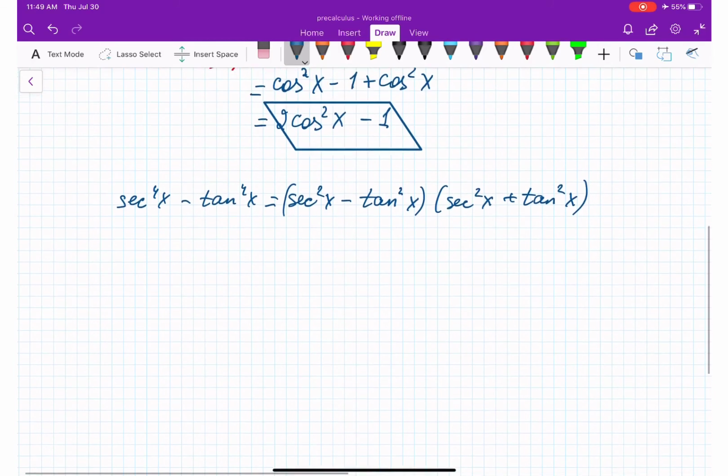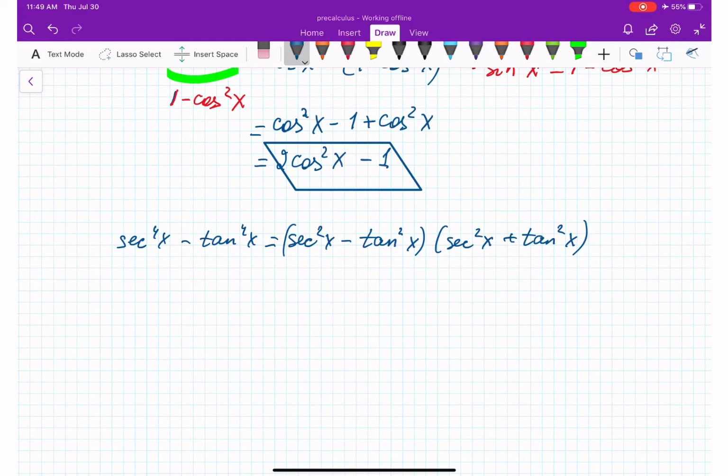Okay, and based on the Pythagorean identity rule, we have 1 plus tangent squared x is equal to secant squared x. So in place of this secant squared x, I'm going to apply tangent squared x plus 1.